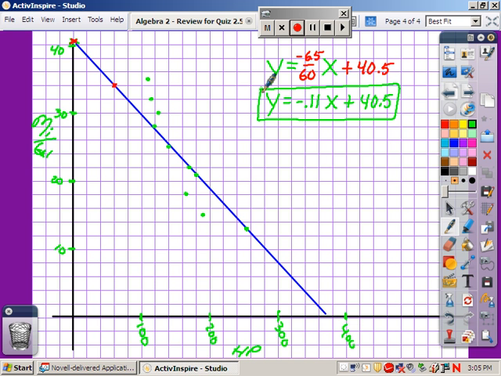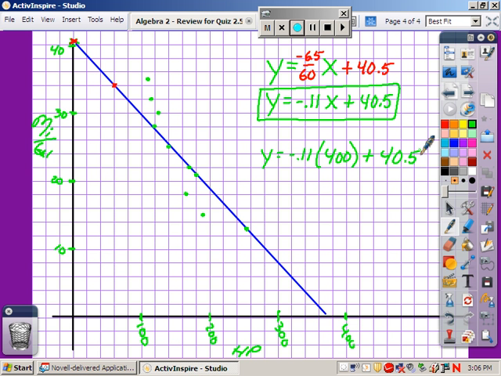Number 4 says, determine how many miles per gallon a car with 400 horsepower gets, and then it says use your equation. All right, if you notice, we plotted horsepower on the x-axis. That means that x is where you put horsepower. So for this problem, I'm going to do y equals negative 0.11 times 400 plus 40.5.